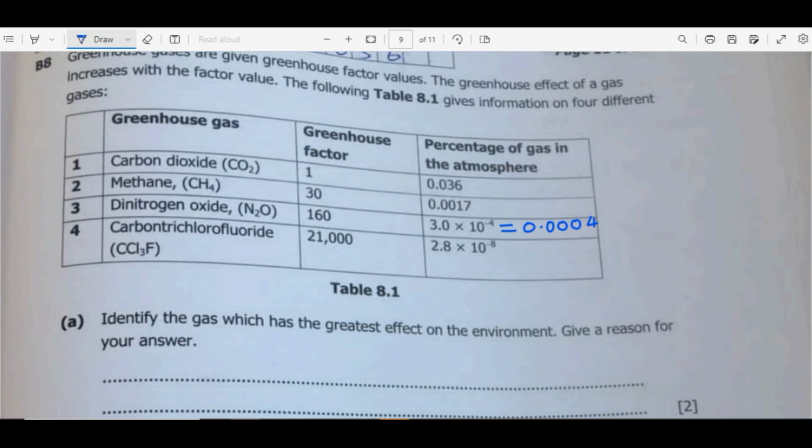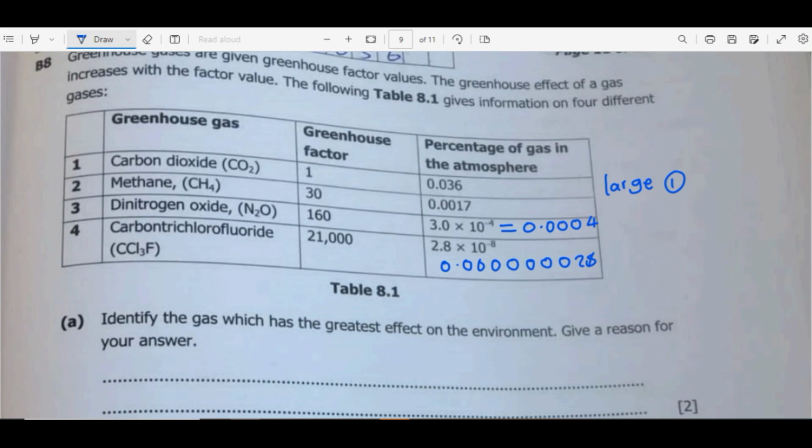For the fourth one, carbon trichlorofluoride would be 0.000000028. We can see the numbers. The largest is the first one, and the way they were listed is according to descending order. We began with the largest, then down to the least number.